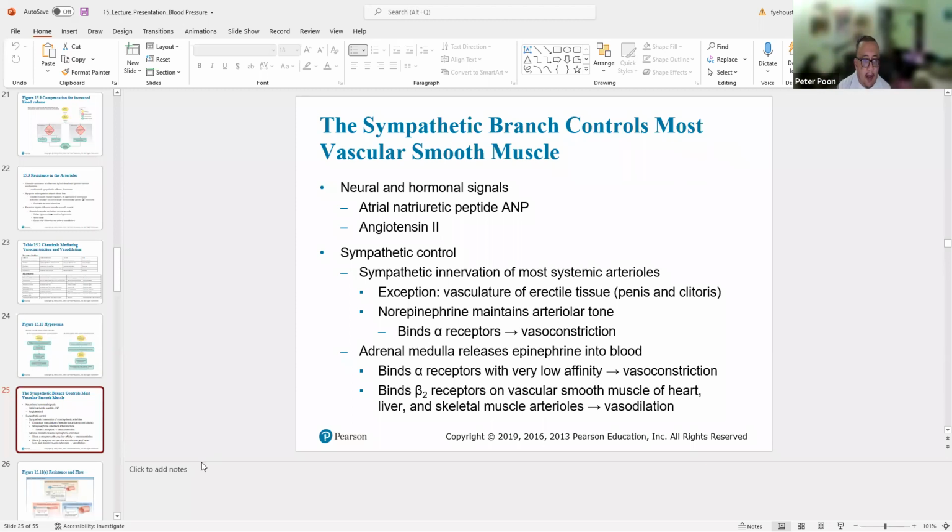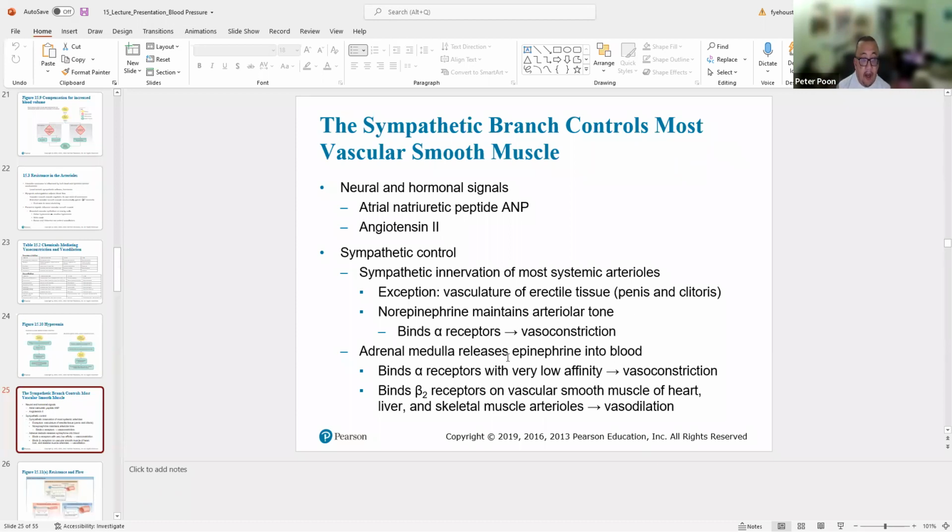Now the adrenal medulla releases epinephrine into the blood. The epinephrine binds the same alpha receptors, but with much lower affinity, about 1/10 the affinity of norepinephrine. But that doesn't matter.